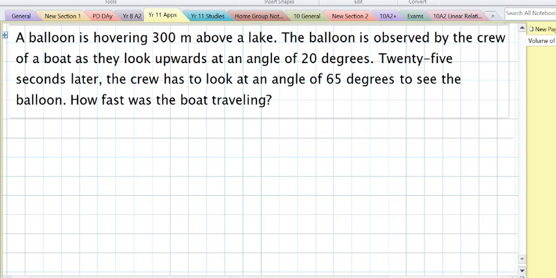Alright, so what does the diagram of this look like? Right, big.